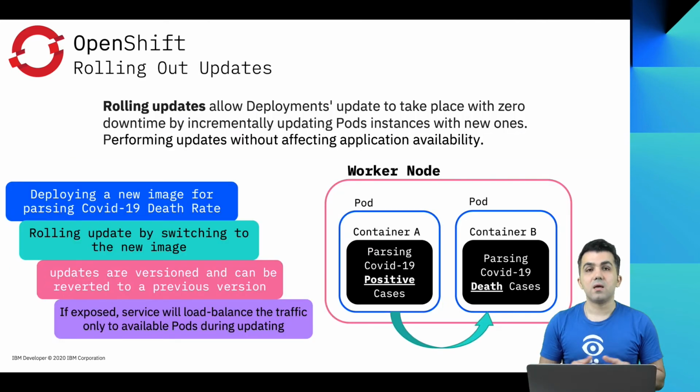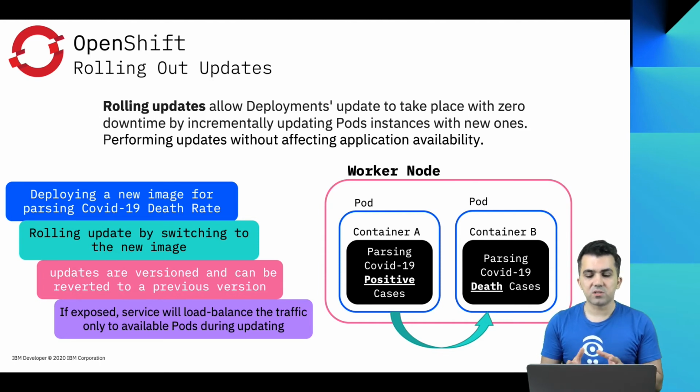Now let's take a look at rolling out updates to our current deployment without causing downtime. The way that OpenShift is going to handle that is by incrementally updating pod instances with new ones, and we are going to take a look at that as we've already got our four pod replicas running, and you can see how that would happen.